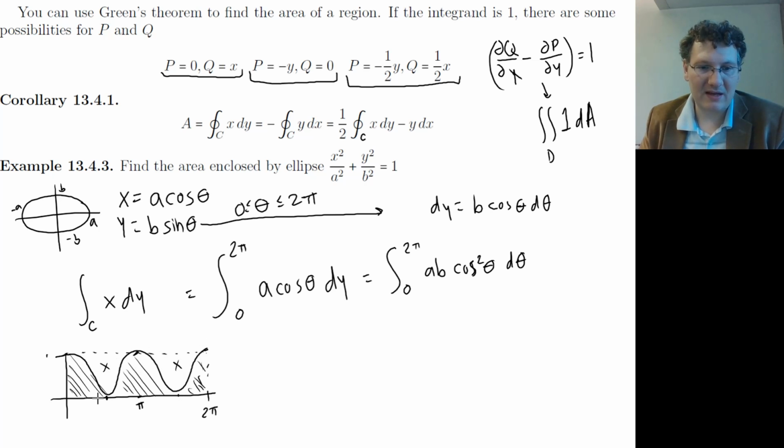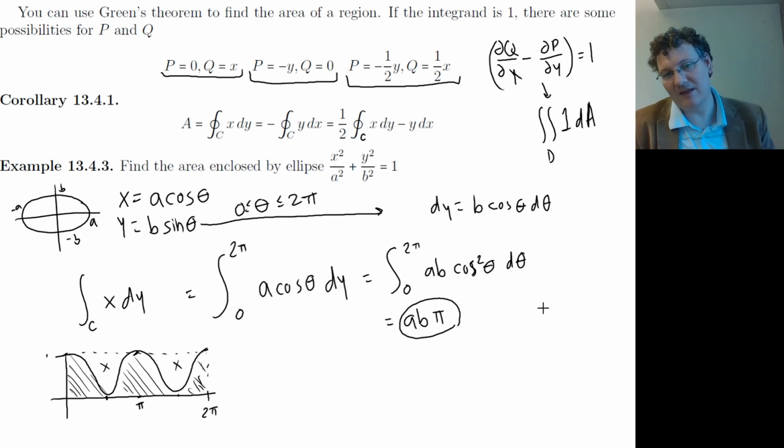The full rectangle is 2 pi, and half of that is pi. So this is going to be pi a b. This is the area of an ellipse. If a equals b, then this is pi r squared.